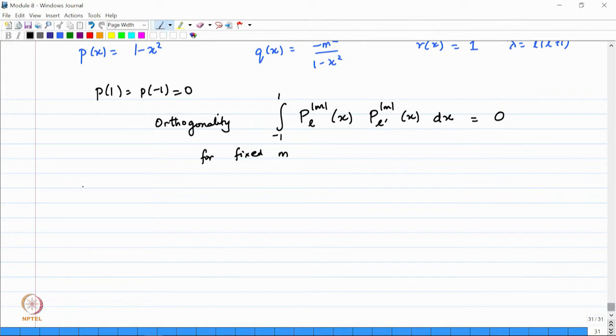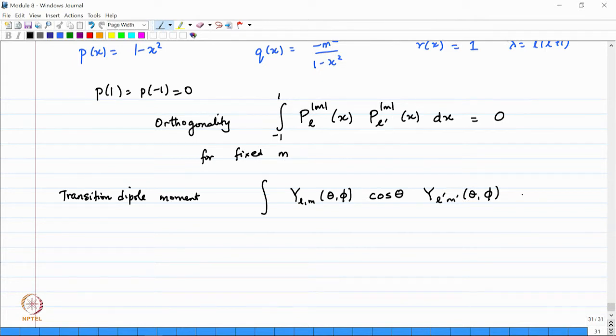Now, in this case your transition dipole moment will look like Y_L^m of theta, phi, and then there is a term that looks like cos theta, and I have Y_L'^m' of theta, phi, and the integral is over sin theta d theta d phi.